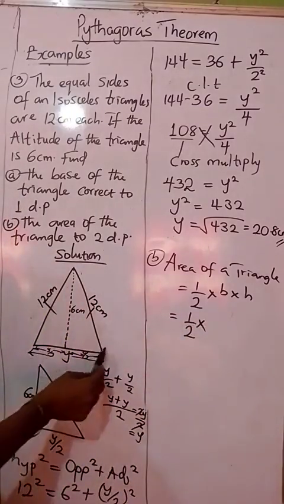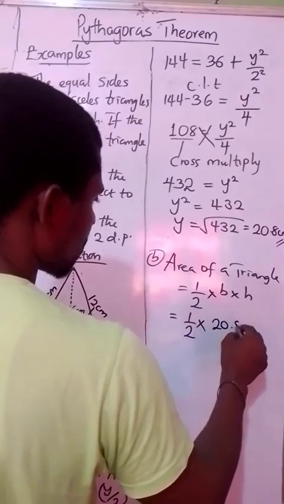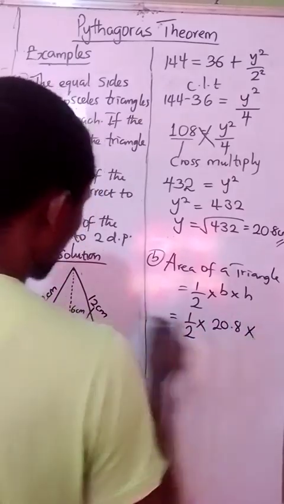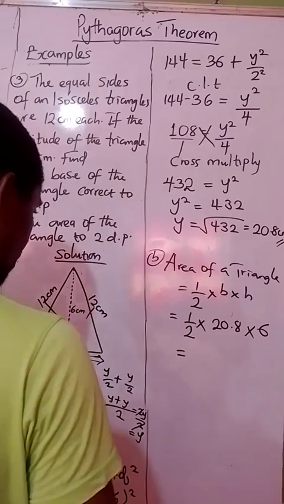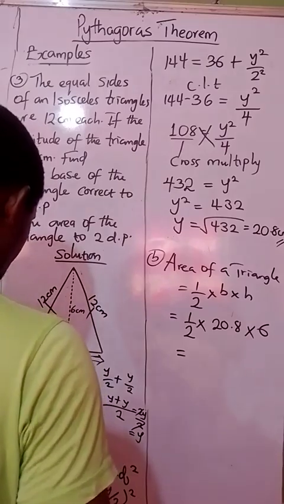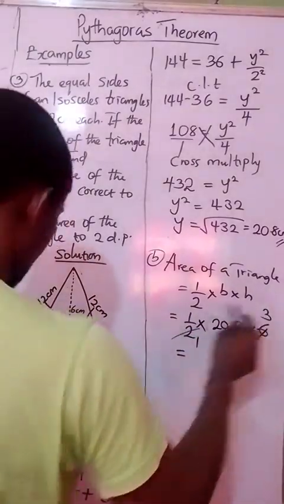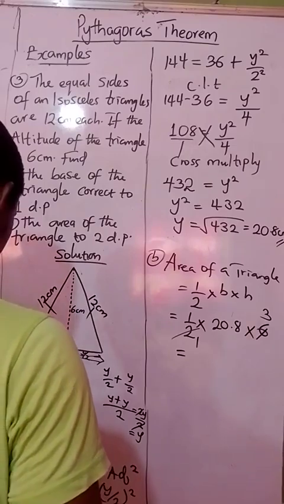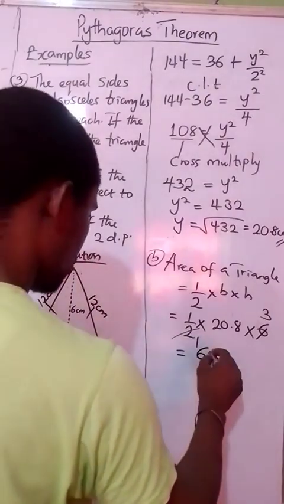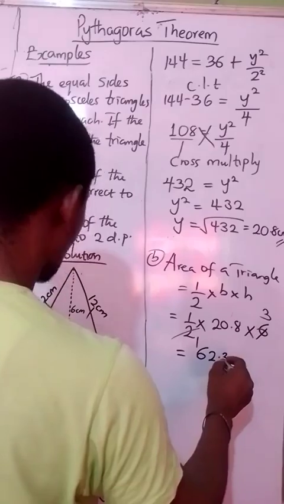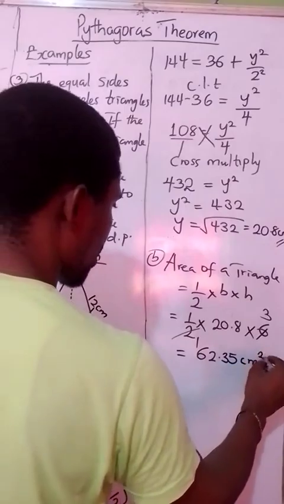Remember, our base is what they asked us to find, which is 20.8, times what is our height? 6. 2 here 1, 2 here 3, 2 times 3. So we have 62.35 to 2 decimal places.